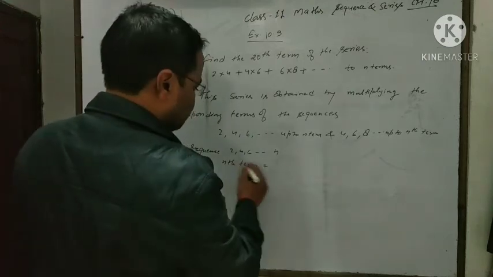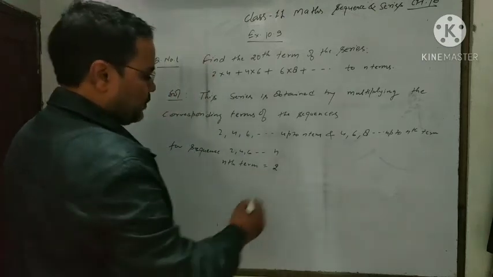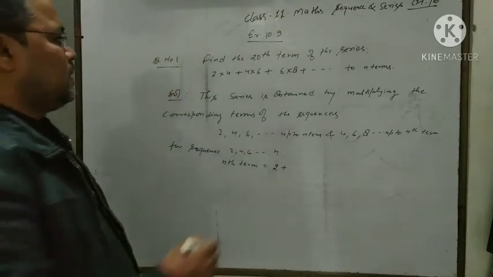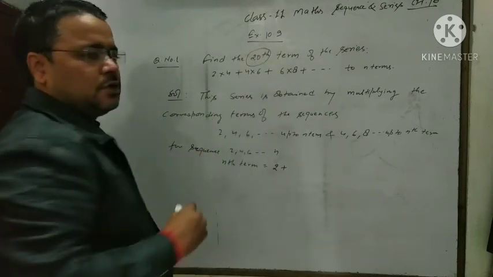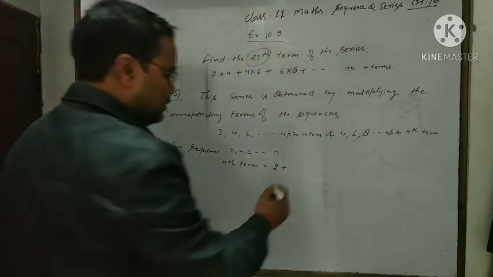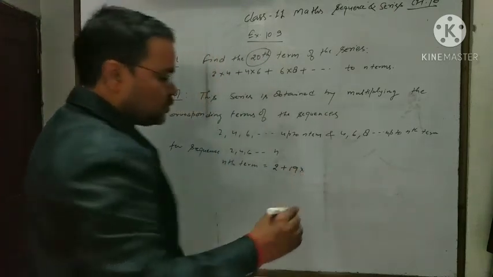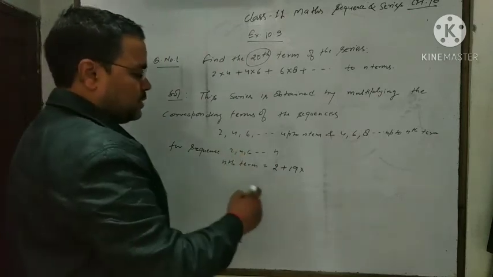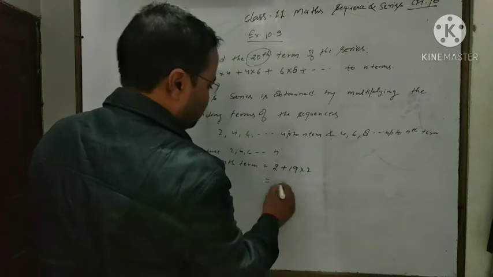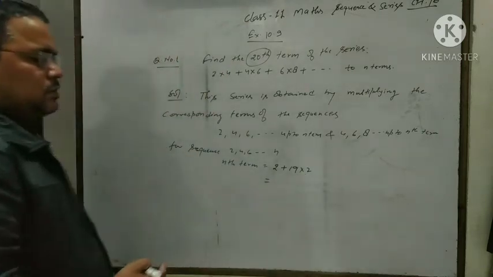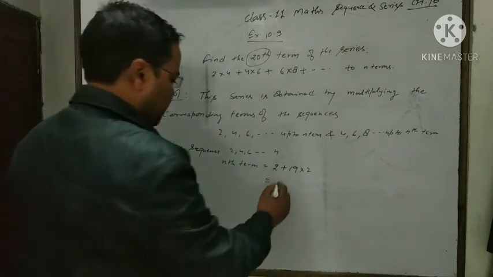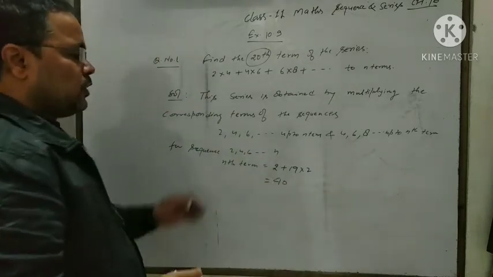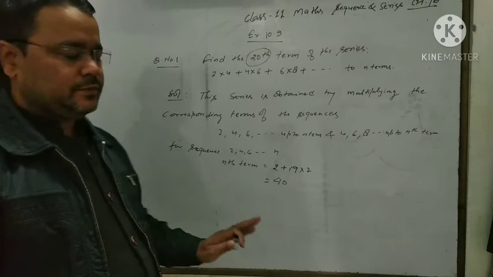Here a is 2, and we have to find the 20th term, so 20 minus 1 is 19 into d, where d is the common difference. Here, for 2, 4, 6, the common difference is 2. So 19 times 2 is 38, and 2 plus 38 is 40. It means the 20th term will be 40.